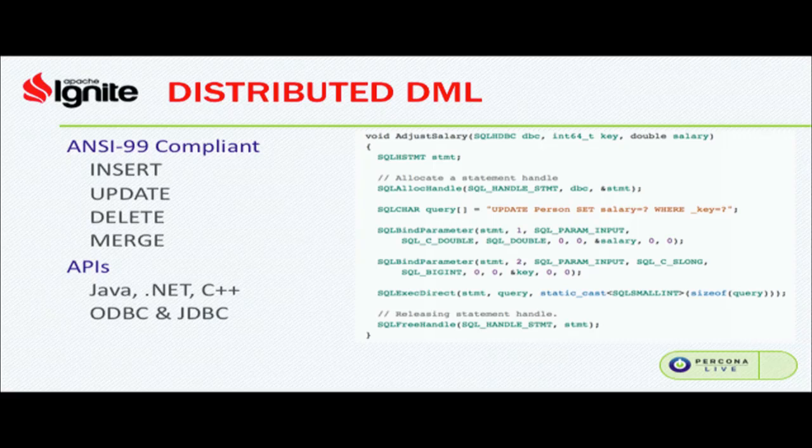But at the same time, our SQL component makes it possible to use well-known DML statements like inserts, updates, deletes, and so on. So again, it's a big plus if you are accustomed to using ODBC or JDBC, and you already have your application written, and the application relies on all of these statements. You can just give a try to our distributed system and switch your application to Apache Ignite.